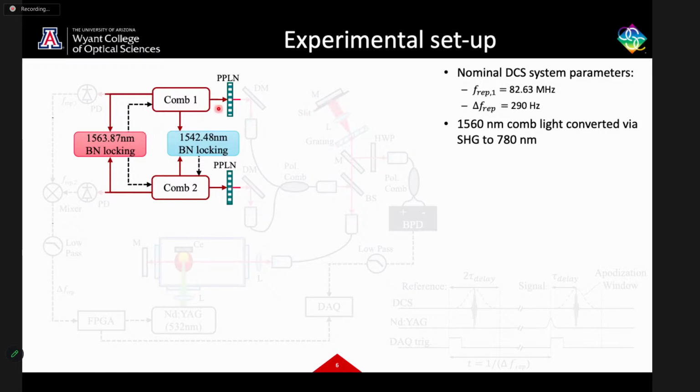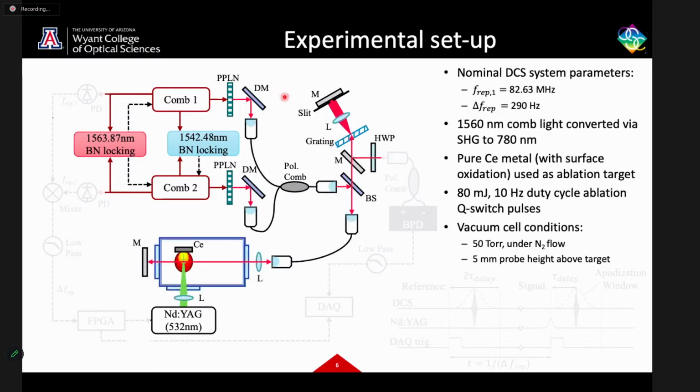Our frequency combs operate at a nominal repetition rate of 82.6 megahertz and a repetition rate difference, for most of these initial results here, of 290 hertz. We convert our light from our 1560 region to 780 through the use of a periodically poled lithium niobate crystal, and we spatially overlap our two frequency combs on optical fiber and through a polarization combiner.